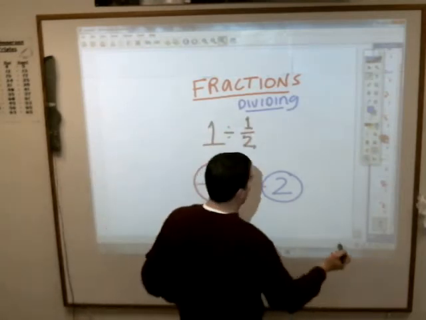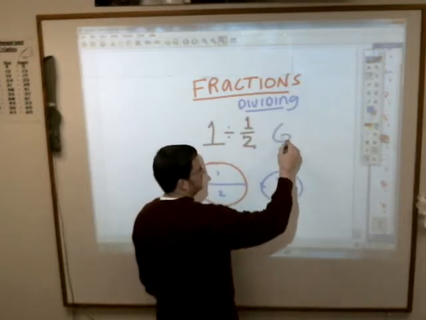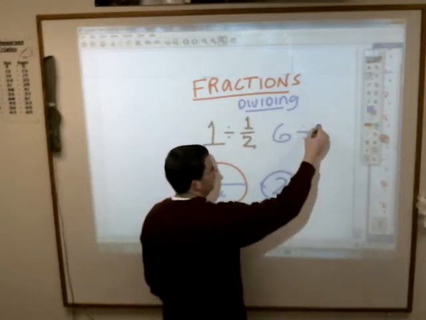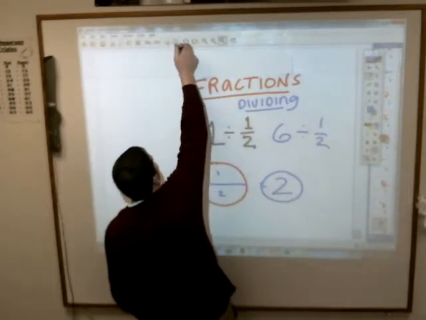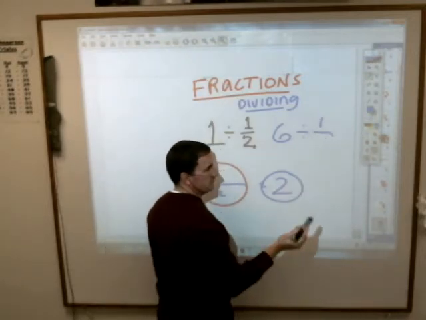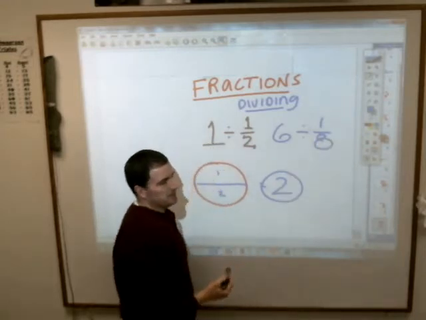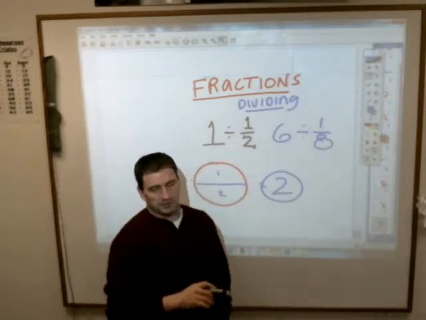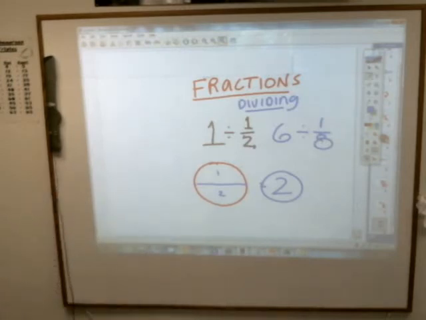For example, if you have 6 pizzas and you cut those all into pieces, let's do this. Usually a pizza comes cut into 8 pieces. If I asked you how many 6 whole pizzas divided by 1/8, you have 6 whole pizzas.